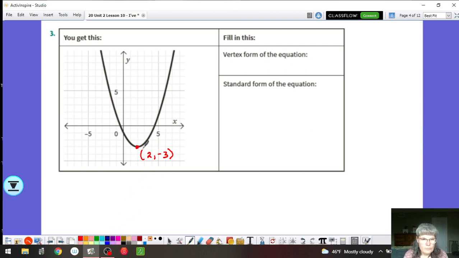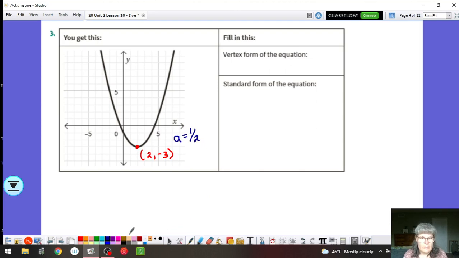Now if I go to the right one, I'm not going up a full 1 unit. Looks like it's about half. So I'm going to compare that with my next anchor point. If I go to the right 2, it looks like I go up 2, and 2 is half of 4. So my A value is going to be a positive 1/2.